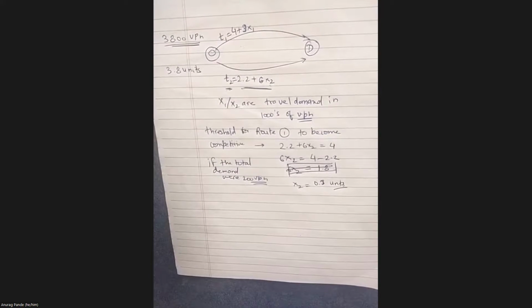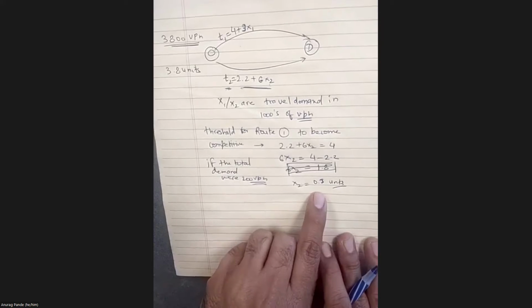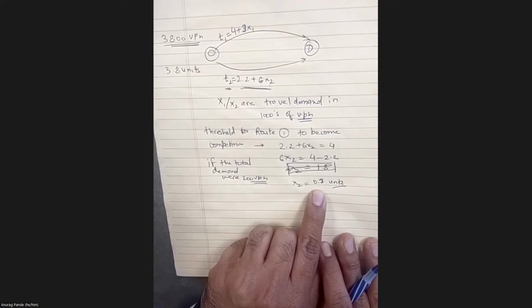Everyone takes route 2. Your answer would be 200 vehicles per hour on route 2, 0 vehicles per hour on route 1, because route 1 hasn't yet become competitive, and it only becomes competitive at 0.3 units.